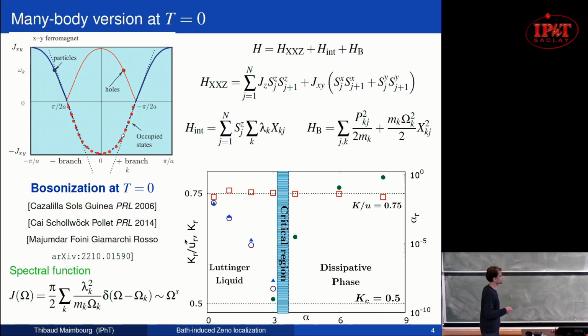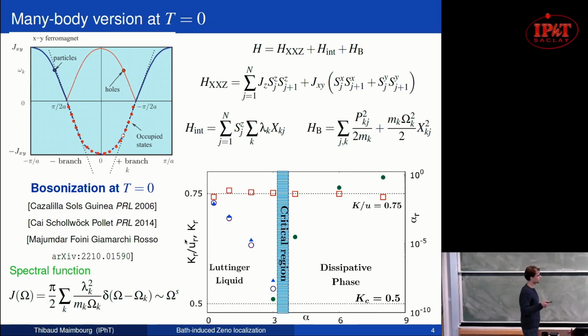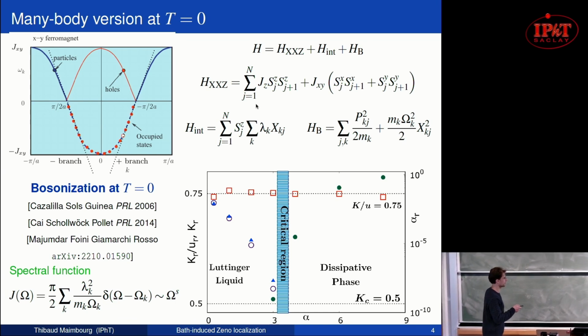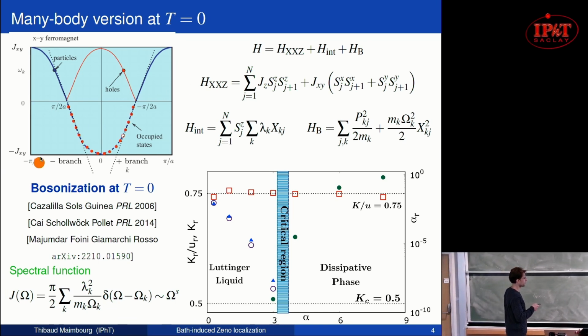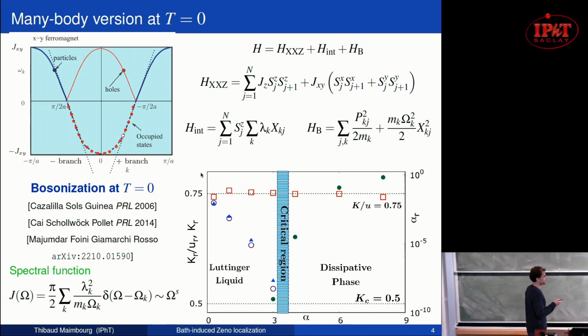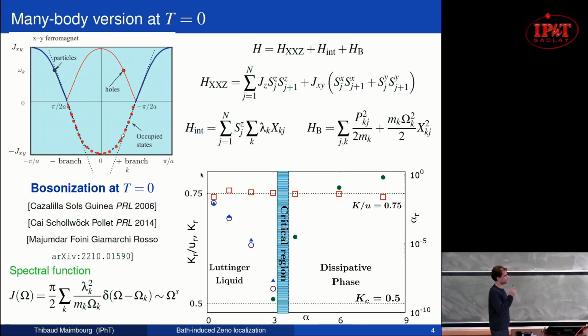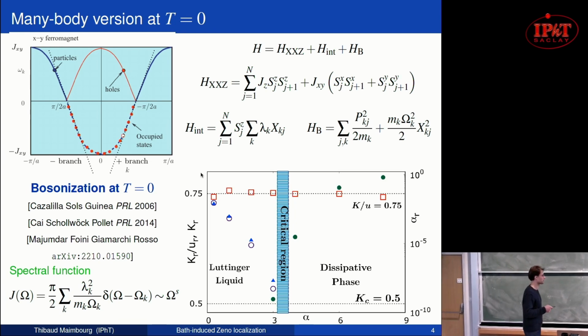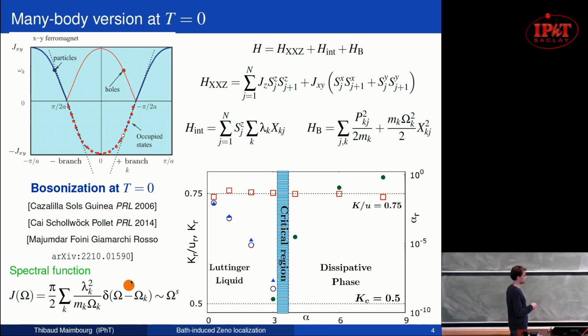And you can also extend it to a many-body system. So for example, here in the XXZ model, this has been done in several recent works, including one by Laura. And basically that's the same idea. You couple the XXZ model to a bath of harmonic oscillators, and the bath is still described by this spectral function with omega to the s.